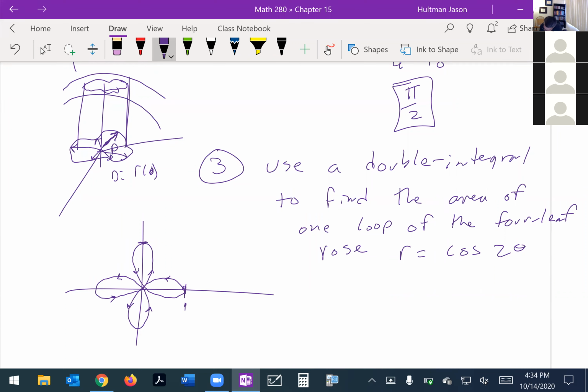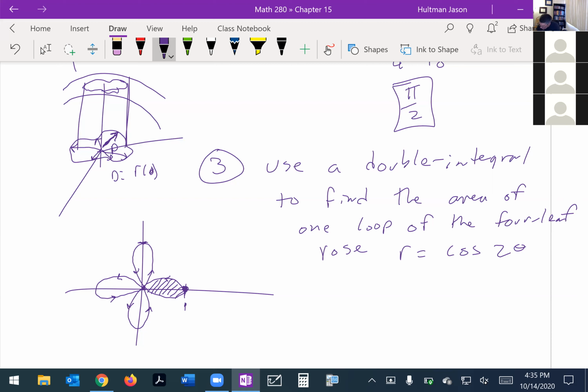Now, what do we know? Well, we want one loop of this thing. We want to find the area of one loop. If I start with theta equals 0, I'm right here at this point. How would I get back to 0? What would give me a value of 0 here?